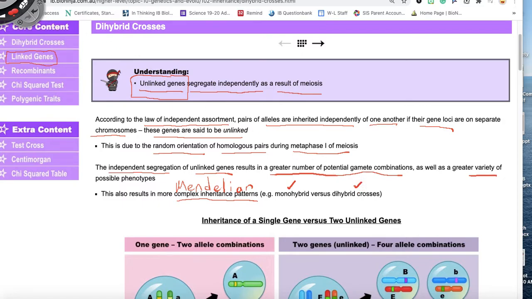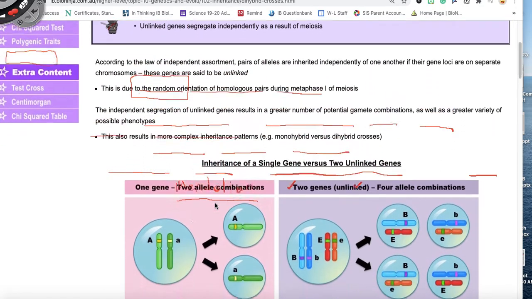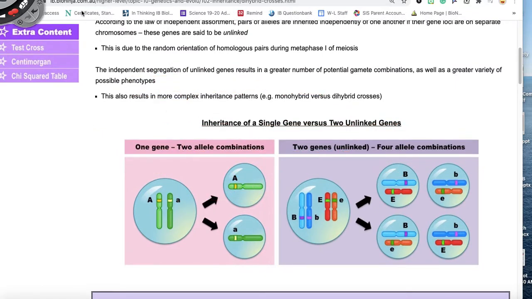So what is the difference here? Let's look at the picture. So here you have inheritance of a single gene versus 2 genes, but they are both unlinked. That means that they are on separate chromosomes. And again, we really have to visualize this.